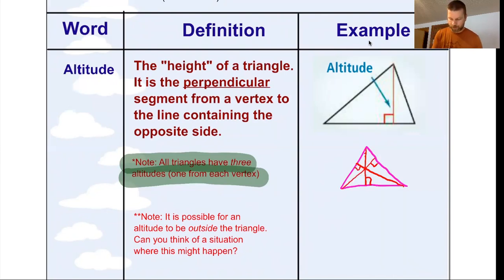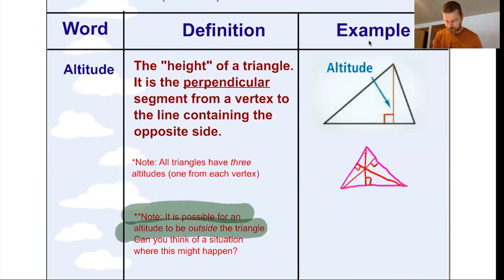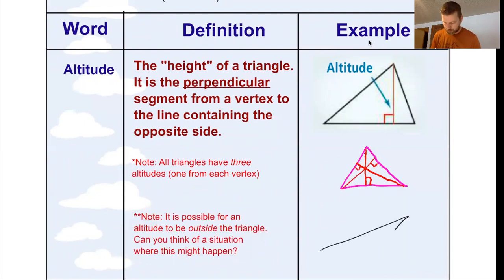All right, one last note about altitudes. It is possible for an altitude to be outside the triangle. Can you think of a situation where this might happen? All right, for that to happen, you would need an obtuse triangle. A triangle with an obtuse angle, like that, an angle that's more than 90.